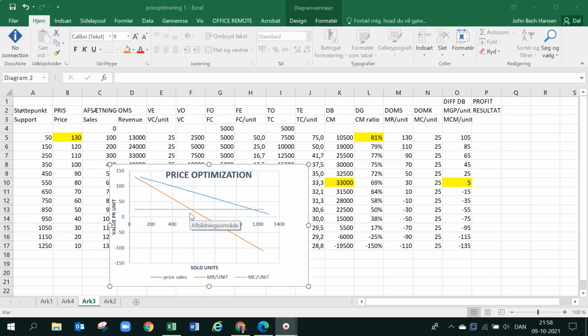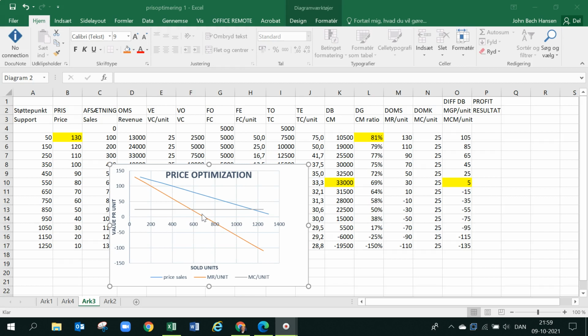The last method I will show here is using mathematics, and we will need an equation for those two lines, the marginal revenue and the marginal cost, because we know that when they intersect, we have to stop increasing our sales.